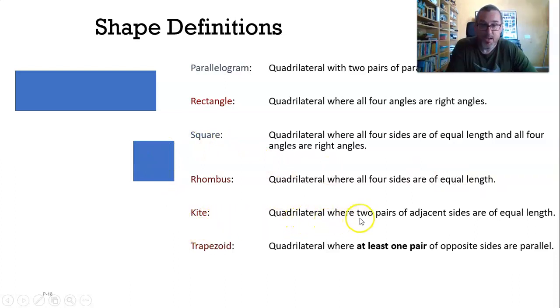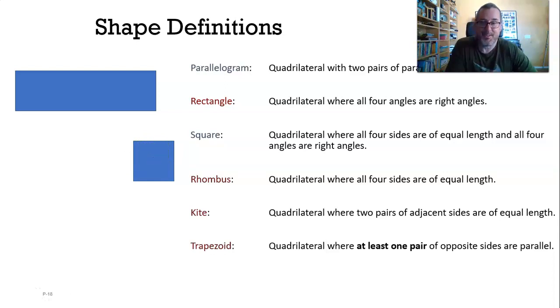Quadrilateral, yep. Two pairs of adjacent sides are equal length. Watch this. Adjacent means next to. So this side is next to this side, and they're the same length. This side is next to this side, and they're the same length. That thing's a kite. This thing's a parallelogram, a rectangle, a square, a rhombus, and a kite.